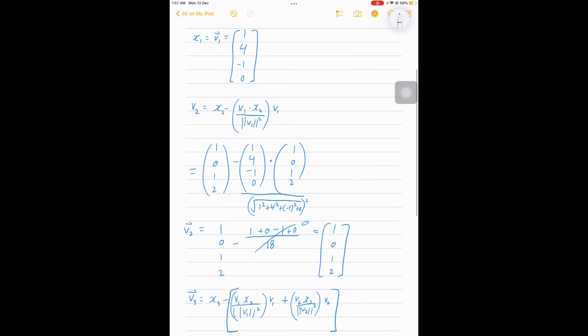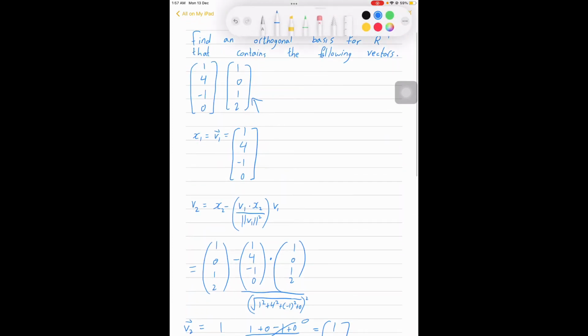And x3, because it's not given in the question, we know that it is 0, 0, 1, 0, and we can also write down x4, 0, 0, 0, and 1.